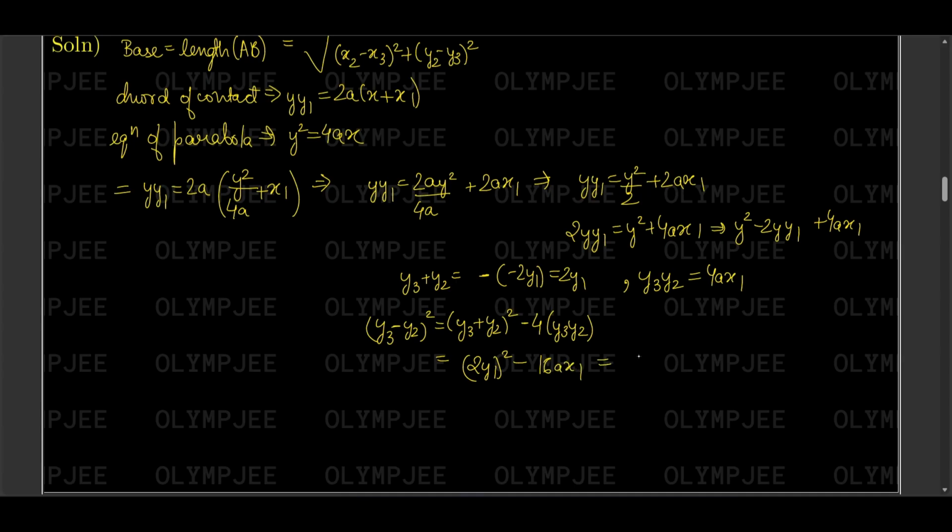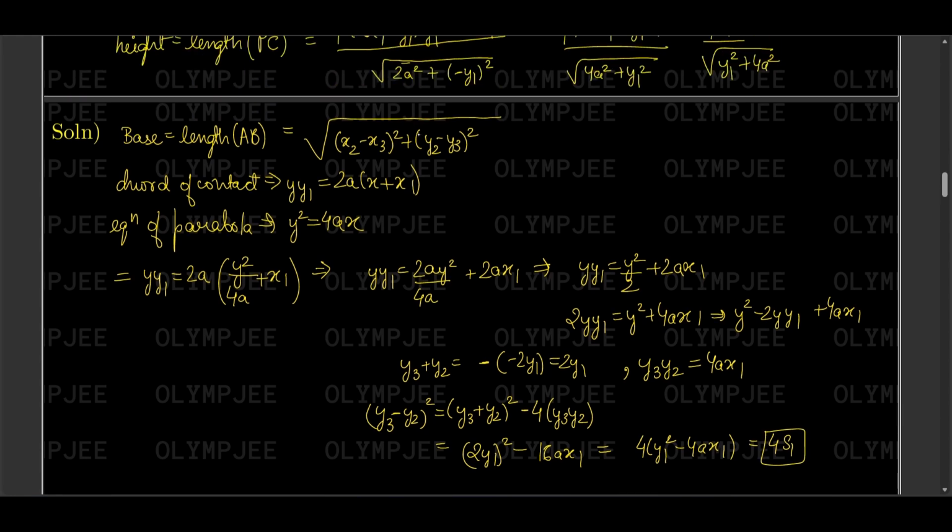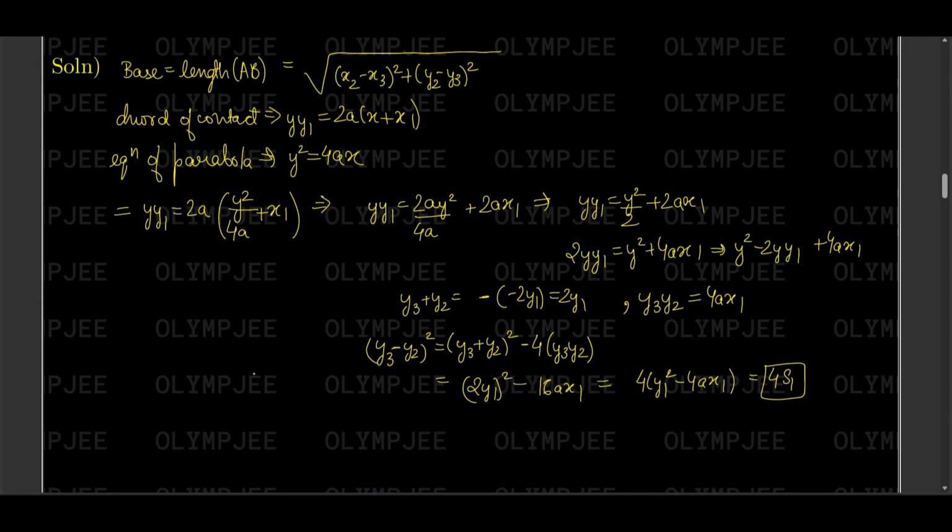So this will be 4 times y1 square minus 4ax1, which is basically 4s1. So this part we have gotten, and we need to find x2 minus x3 whole square now. So now I will be finding out x2 minus x3 whole square.